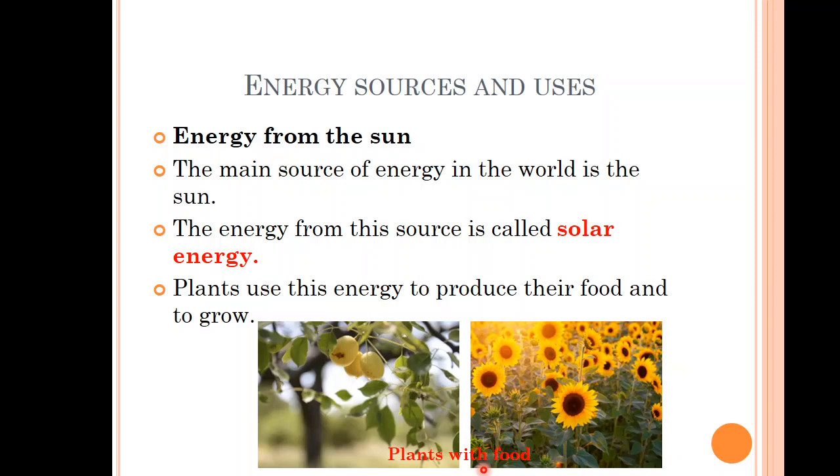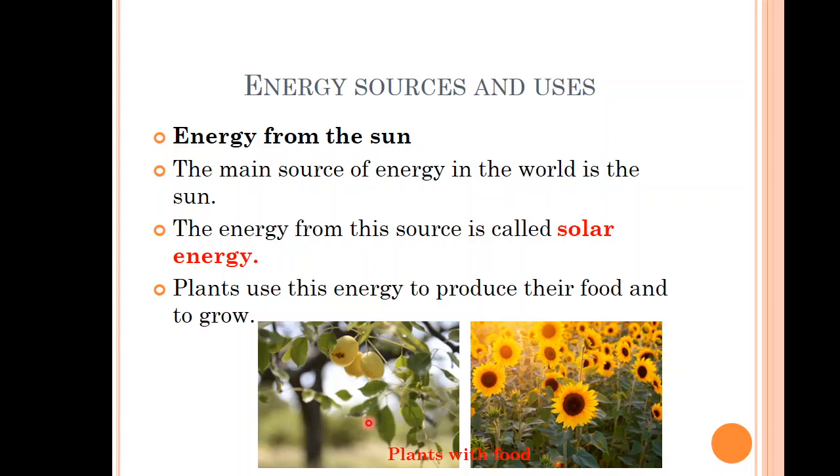And this energy from the sun, we call solar energy. The sun is the main source of energy. Plants use this energy from the sun to make their own food and also to grow.